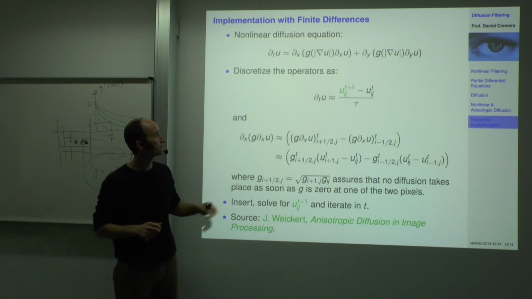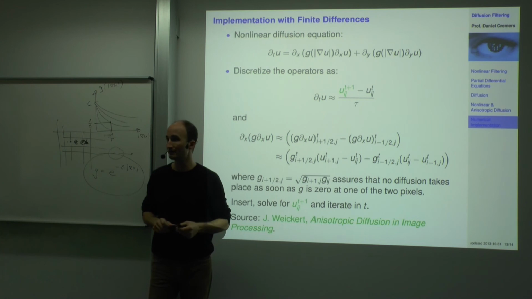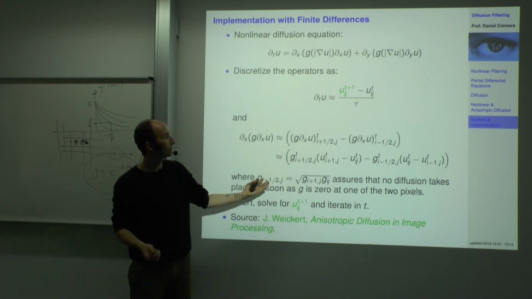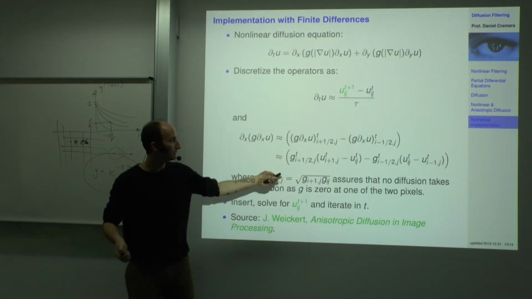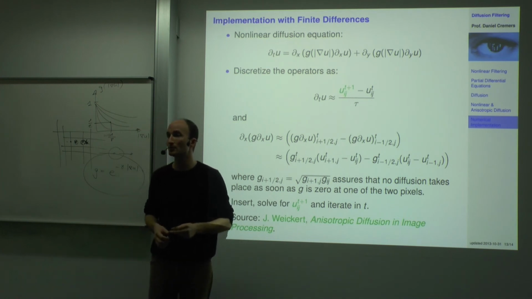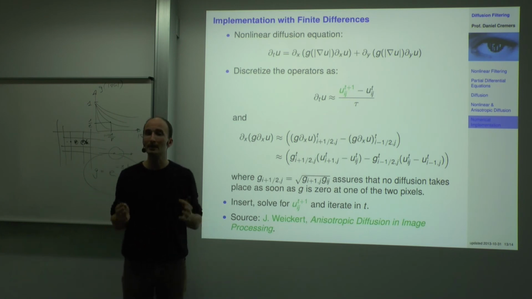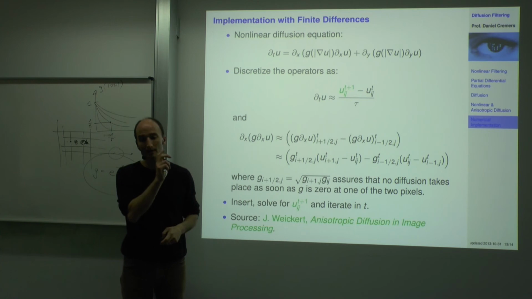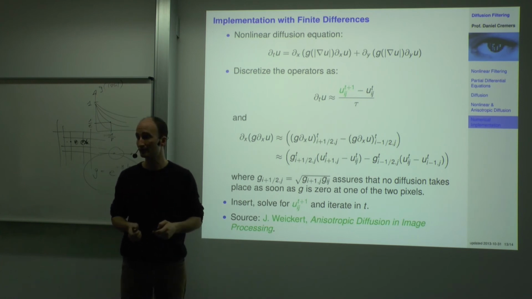And so as a consequence, these kinds of diffusion processes are easily run at frame rate on images nowadays. It looks a little tedious, but seriously, you're simply taking differences and taking products, and so this is not a lot of computation. And so they easily run at 30 frames a second for standard size images. If you have very large images, then you may not be able to do real-time processing.